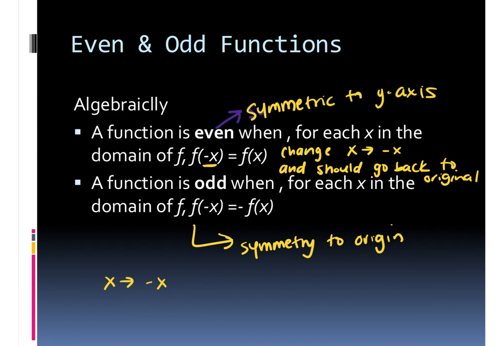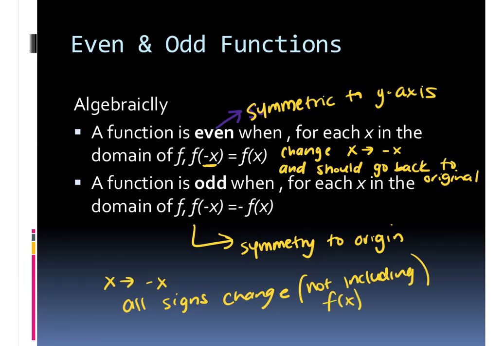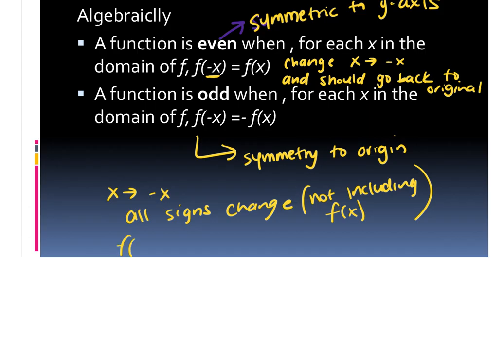So what we do expect is all signs change, not including the f of x though, because we don't plug anything in for f of x. So an example of this is f of x equals x to the third. This time, if I plug in a negative x there, what happens when I raise it to the third?